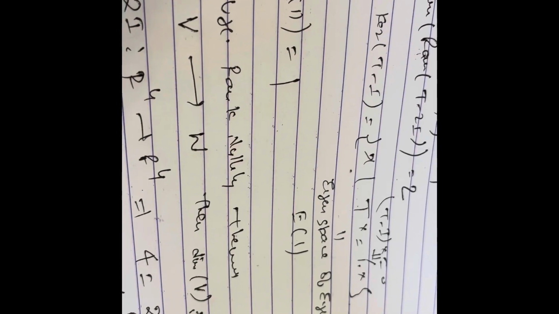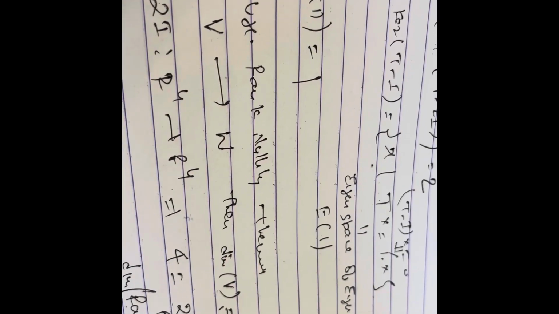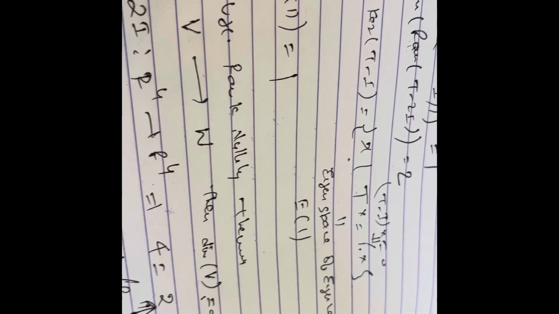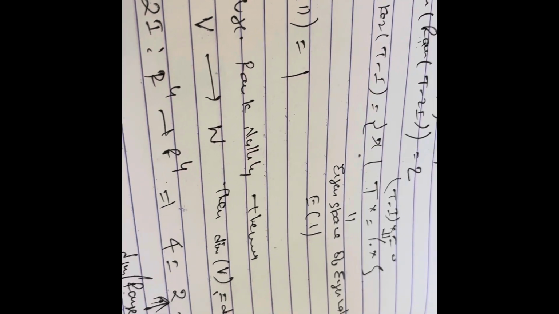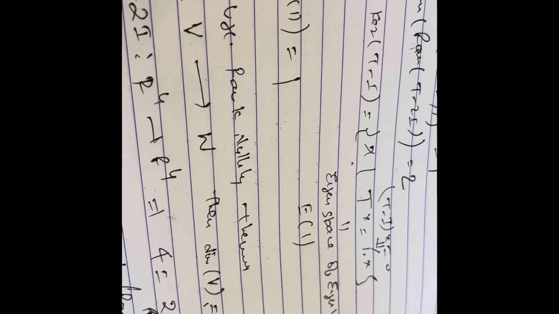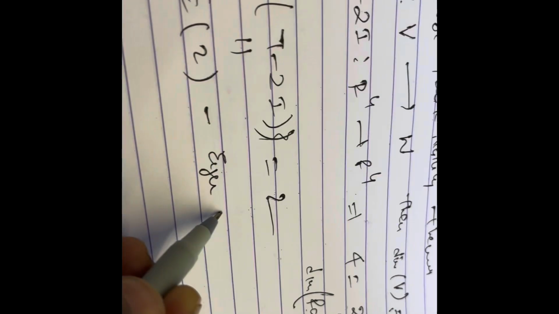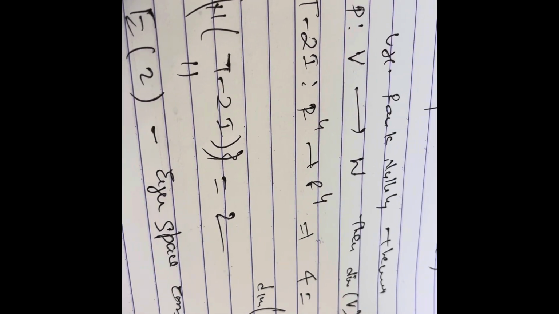So from here it follows that the null space of T minus 2I has dimension 2. So what does it mean? This is nothing but E2, the eigenspace corresponding to eigenvalue 2.